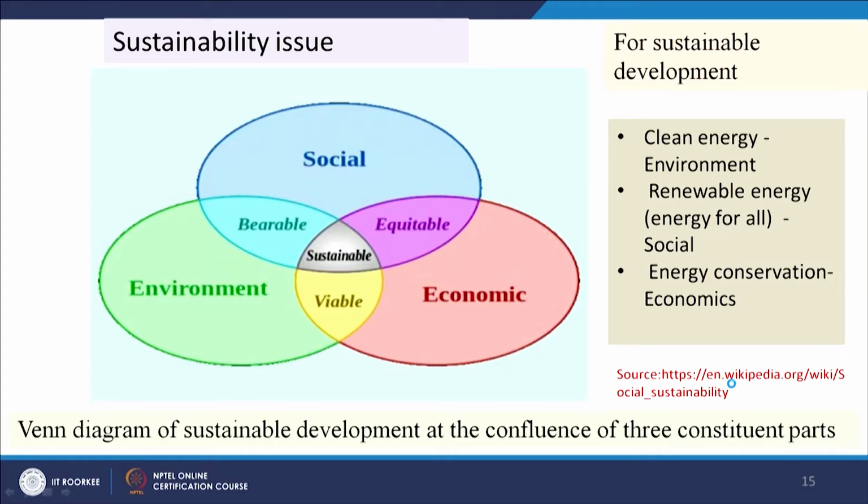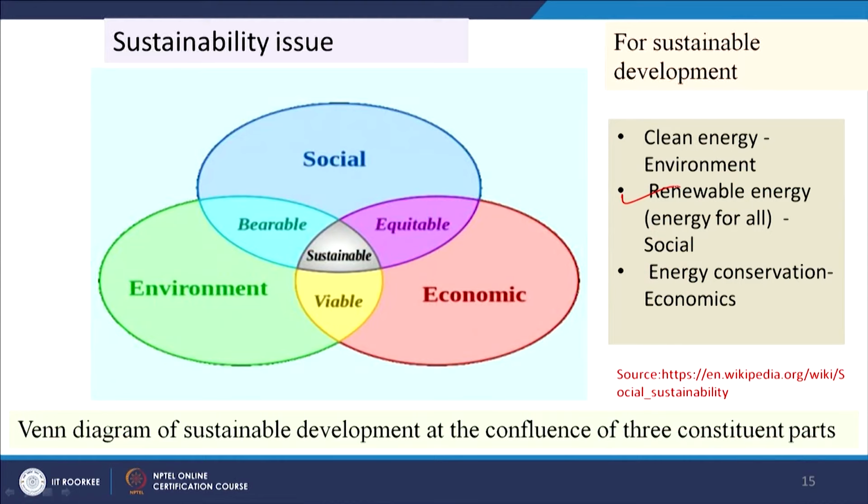Now, the sustainability issue that I have mentioned just now: we need to produce electricity for everyone. Population is increasing, so more energy is required, so we have to explore renewable energy. So, this is the social need. For clean energy, we need to use cleaner routes so that the pollution will be less.